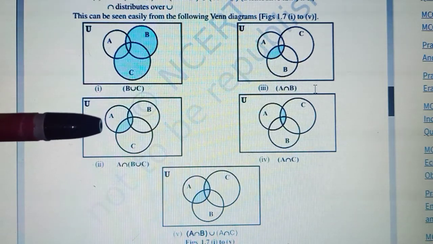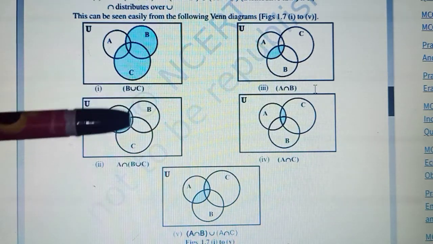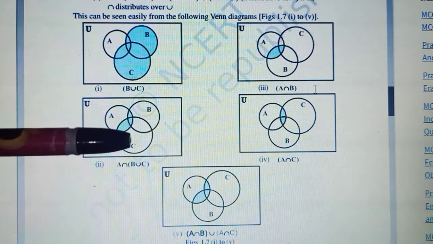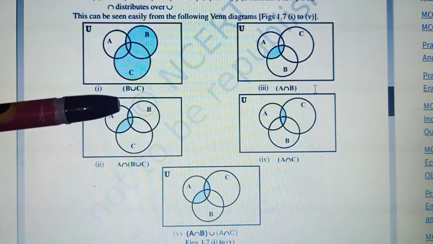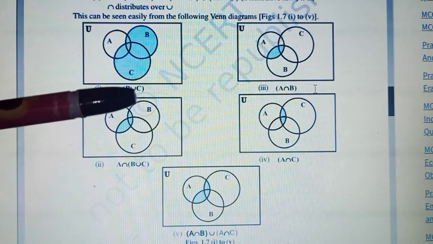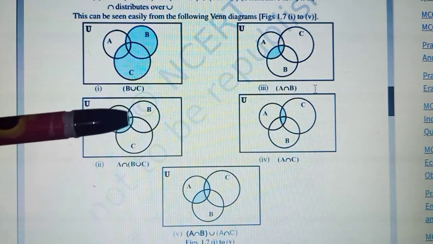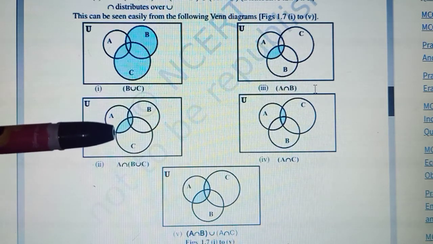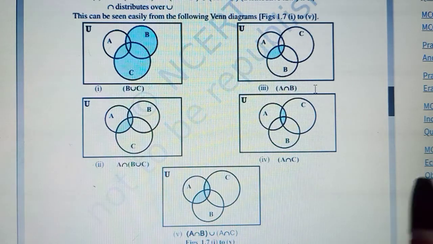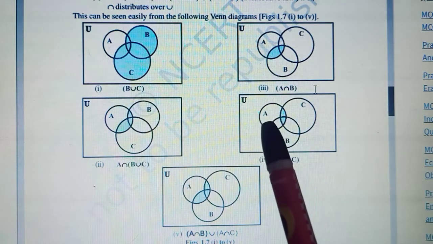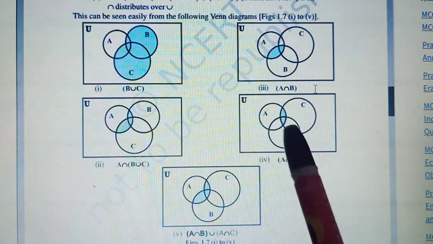It's not difficult, you just have to imagine. This much portion is representing B union C, and now this whole circle is A. So what is common to A as well as B union C? That was only this portion that they have shaded here. Likewise, A intersection C will not be difficult. A circle, C circle, and the common portion is here.